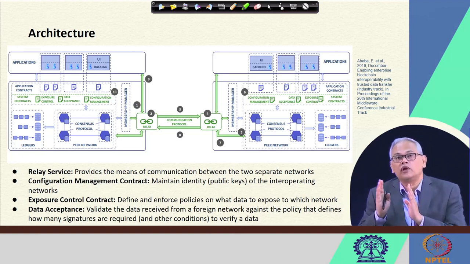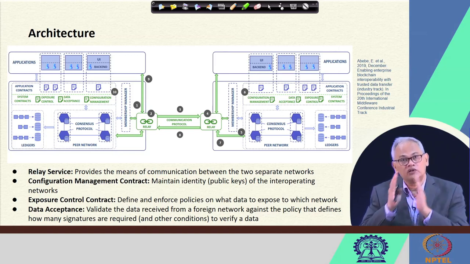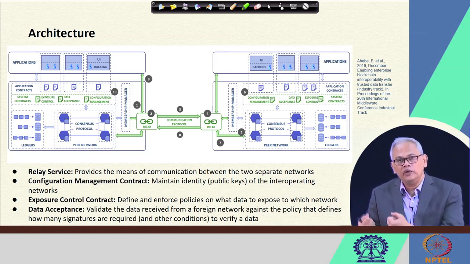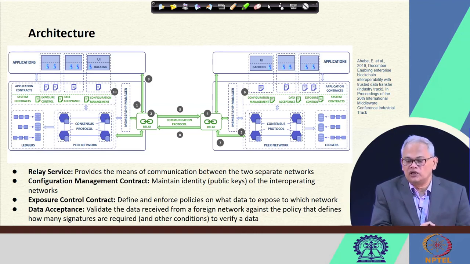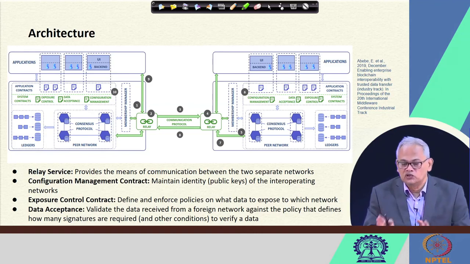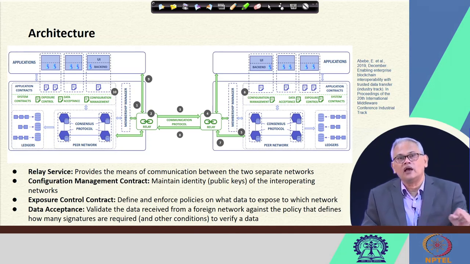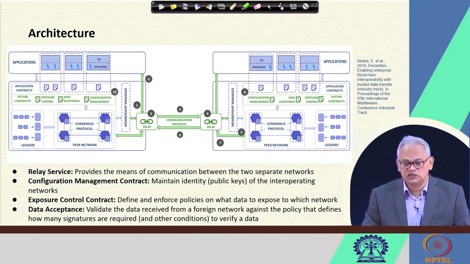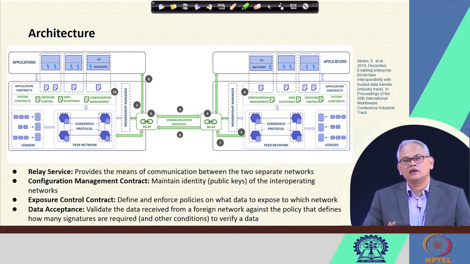It will have to ensure that if the data that has been requested is going to be shared by network B to network A, then it is not going to be at risk. If that is all fine, then the data will be sent through this relay, point number 7, and back to the relay in the destination network, through this step 8, and there they have to follow this data acceptance policy and ensure that it is safe to accept the data, and that it has a sufficient number of attestations.